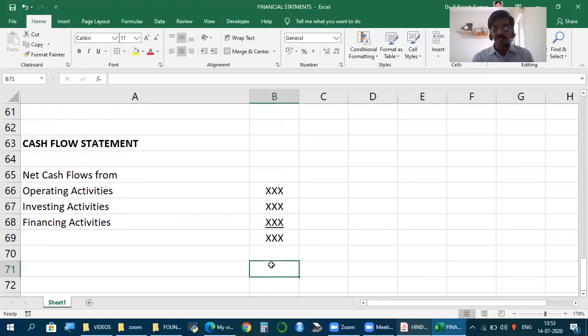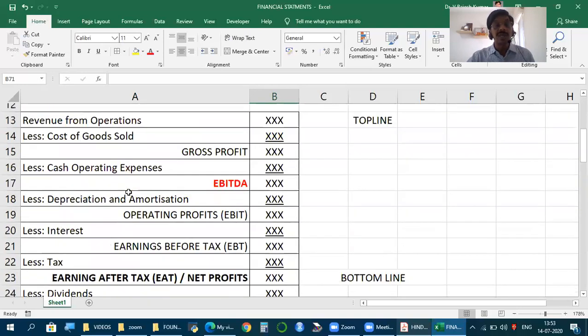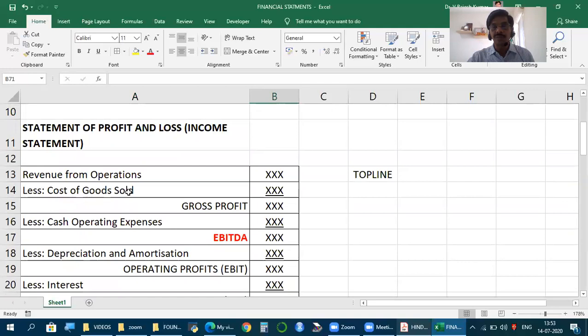Let us see. Now this is a brief orientation on what one must know about financial statements before we begin analysis. So these are the 5 items we have in financial statements. This is how we should have the statement of profit and loss.